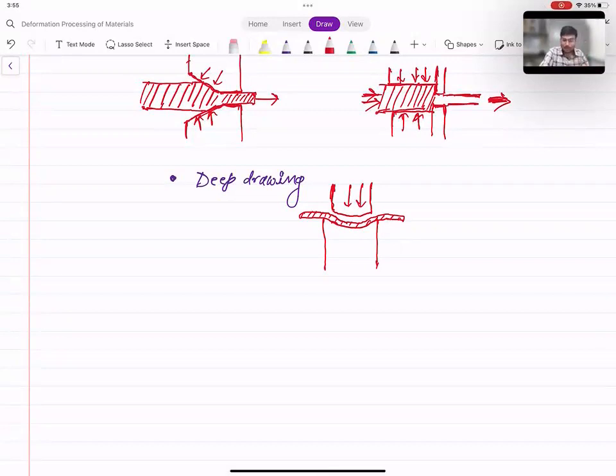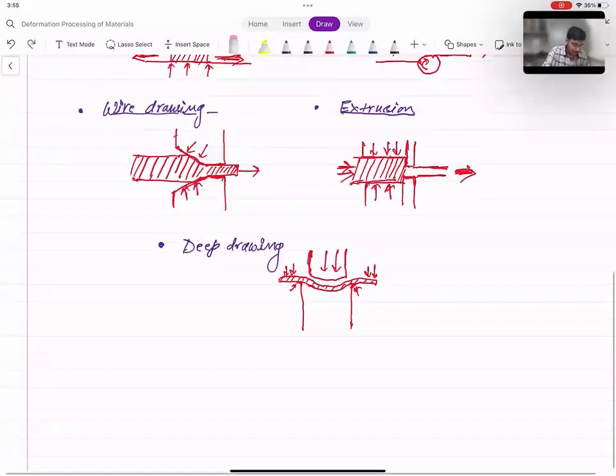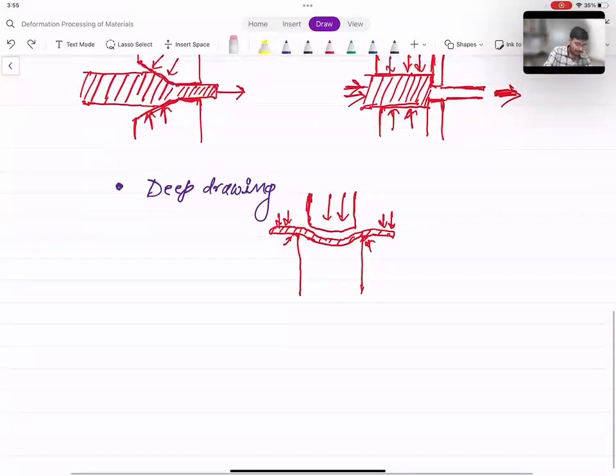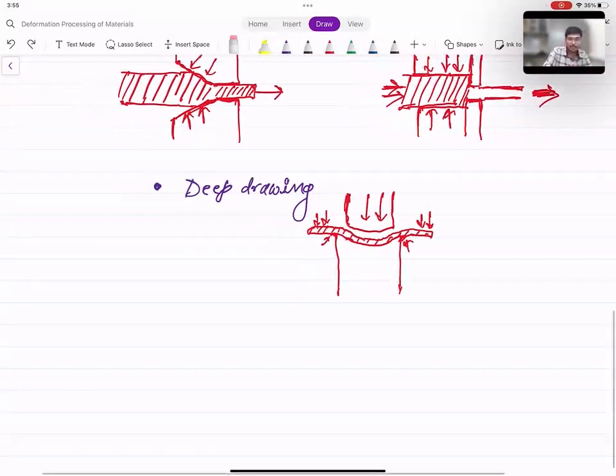So at this point of contact, the stresses act onto the workpiece, and here it is clamped, so this remains fixed and is not allowed to move in this particular direction. So this workpiece takes the shape of this die, which is in the form of a cup, and ultimately the final product is in the form of a cup or glass. So this is known as deep drawing operation.